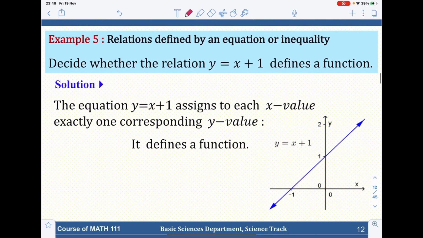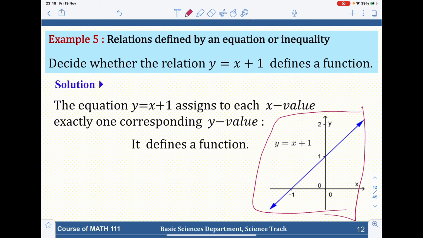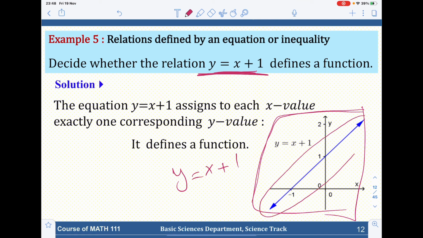Okay. Now we can also define a function by drawing the line or drawing the relation. So we have here the relation y equals x plus 1. I want to determine whether this is a function or not. What we did over here is draw this line y equals x plus 1, and it looks something like that.